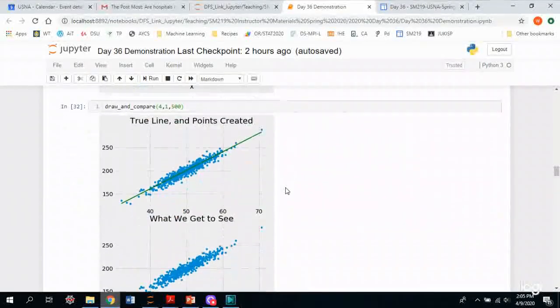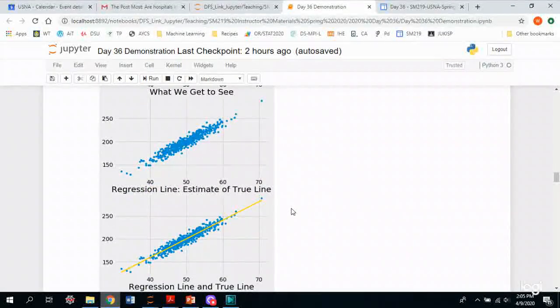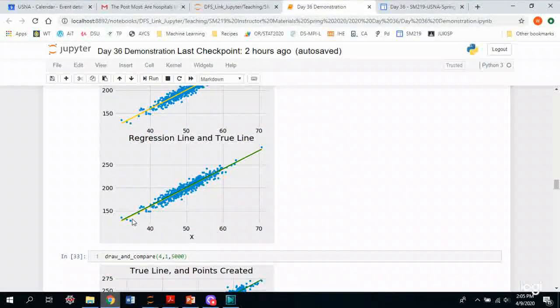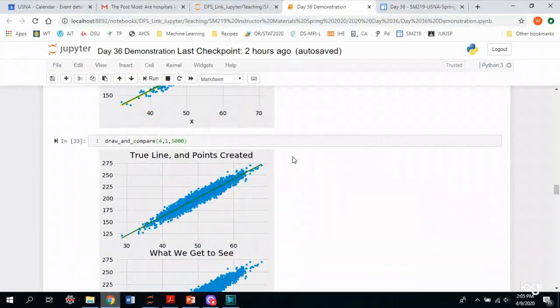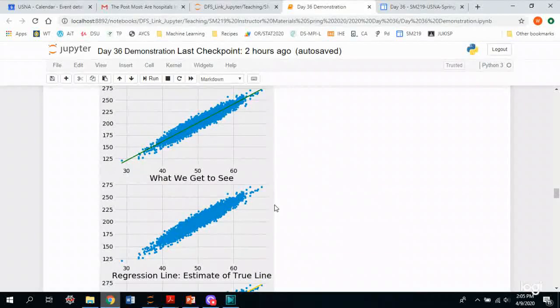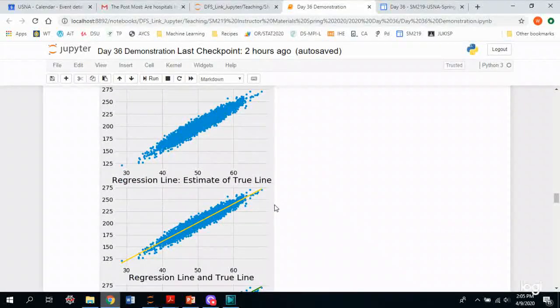If you have 500 points, you get a whole cloud of points around this green line, and we get to see the cloud. We don't get to see the green line, but we can fit a regression line to these points. And again, our regression line and the green line are incredibly close. And finally, if you had 5,000 points, your data would look like this, and you could fit a regression line to that data.